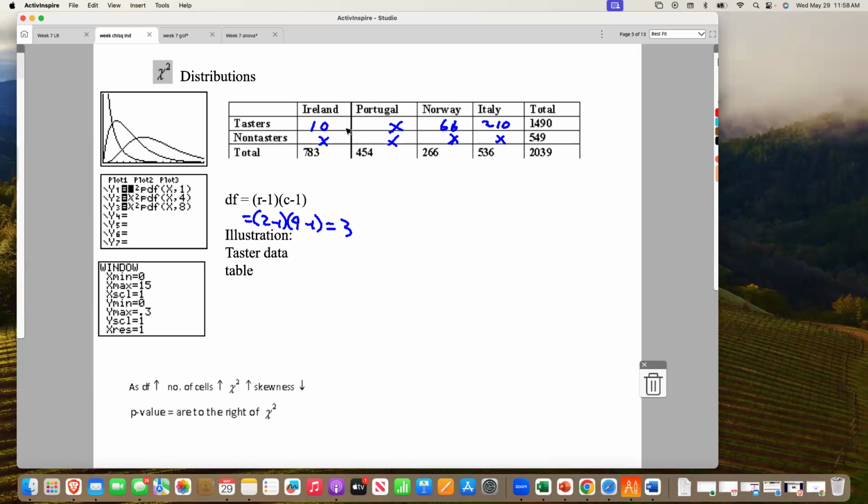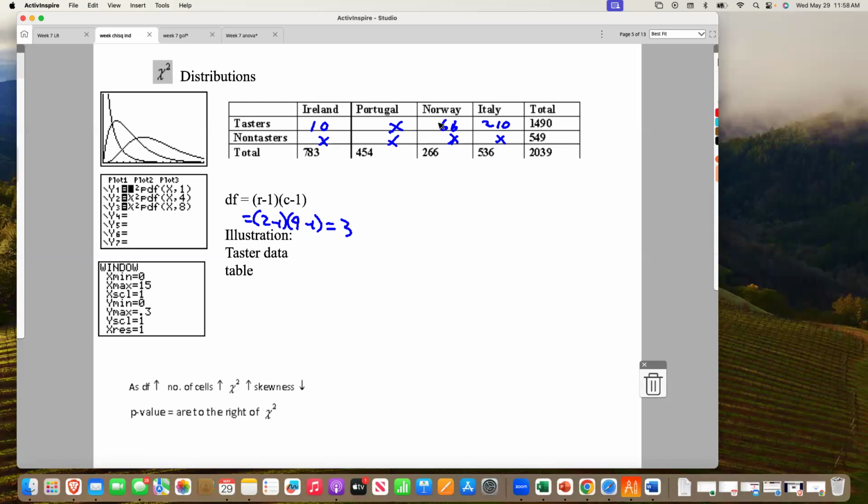And so here I have actually, notice 8 cells, right? And if I know the row and column totals like I have here, and I just start putting arbitrary numbers in here, let's say 10 tasters from Ireland, if I know I got 10 here and this has to be 783, then this is already determined. So once that's determined, that one's predetermined.